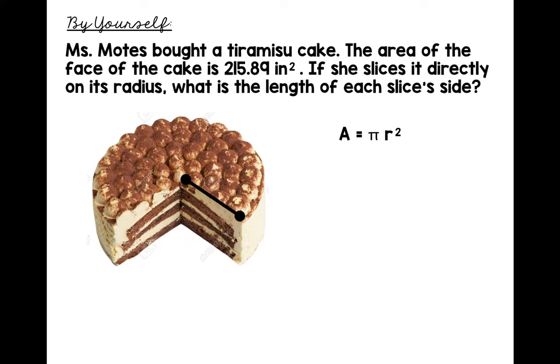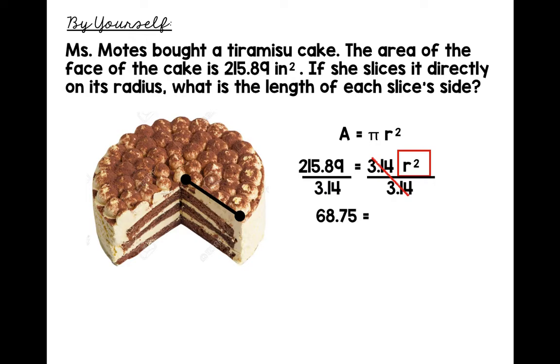I know my area is 215.89. Then I'm going to put 3.14 r squared. Isolate my variable by dividing both sides by 3.14. If I use my calculator, you should have gotten 68.75 is r squared.